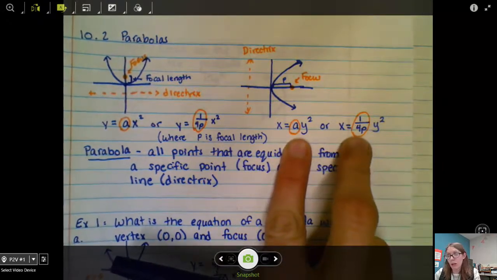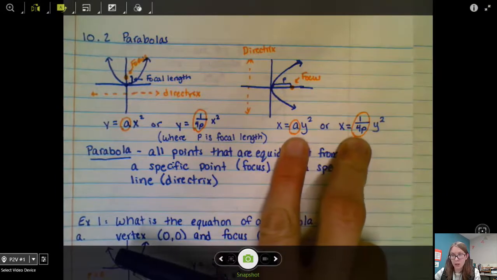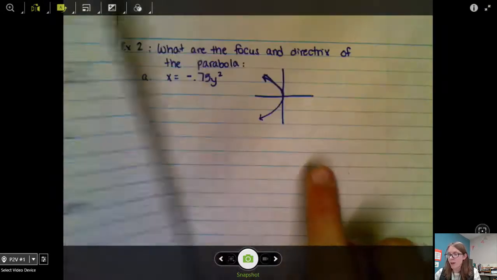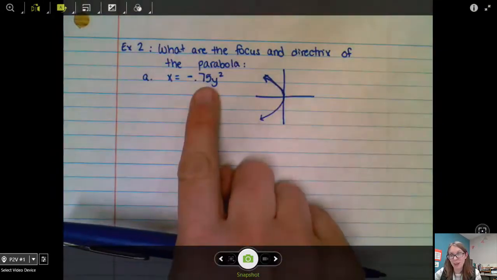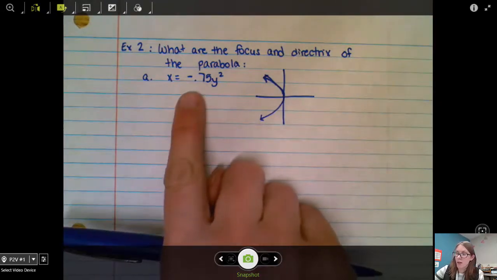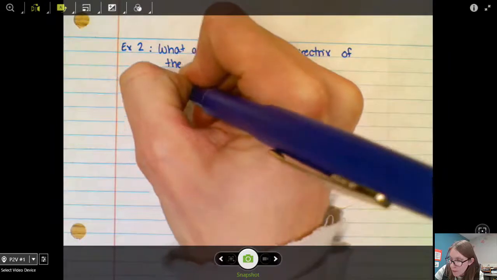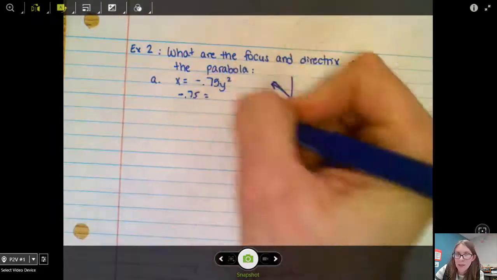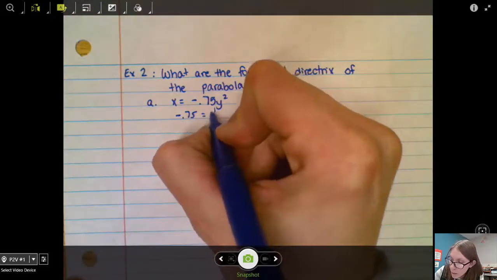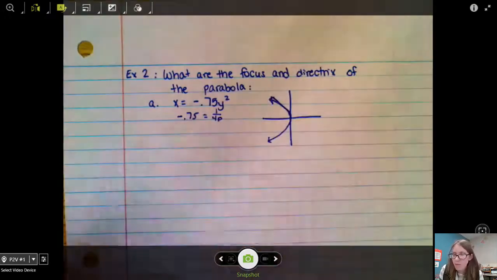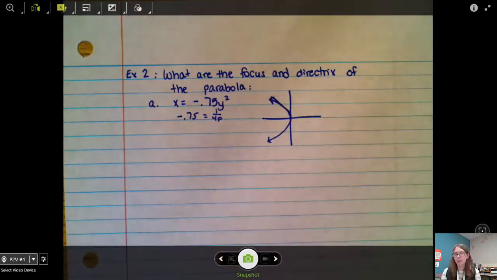If I look at the equation I have right now, it looks more like that first form, negative 0.75. Well, that negative 0.75 tells us what 1 over 4p equals. Okay. And if we can figure out what 1 over 4p equals, then we're going to be in pretty good shape.